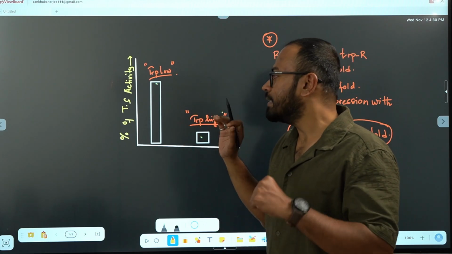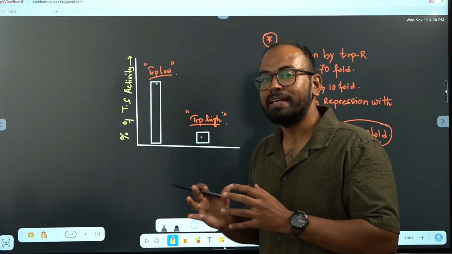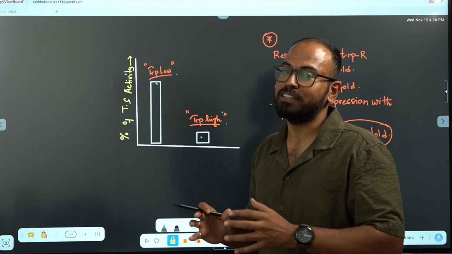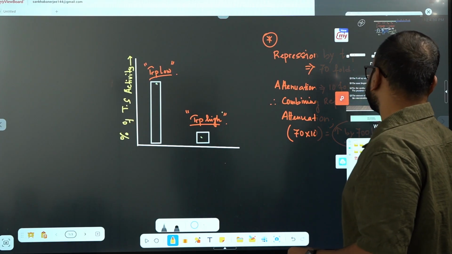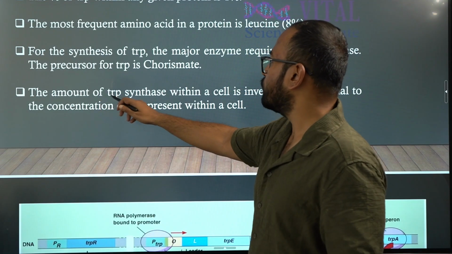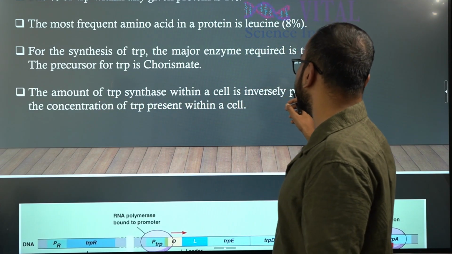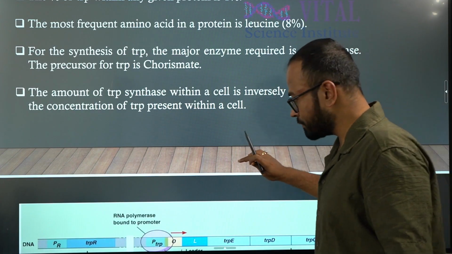So the tryptophan synthase activity and the concentration of tryptophan, these two factors, are inversely proportional. A question can come from this part B. The same thing is written over here: the amount of tryptophan synthase within a cell is inversely proportional to the concentration of Trp present within the cell.